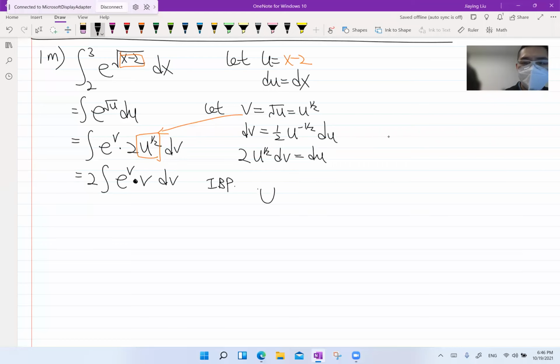I'm going to call this capital U equals v, and d capital U, which is dv, and d capital V, which is e to the v dv, and capital V, which is just e to the v. Sorry for using those u's and v's, just a lot of substitution here.